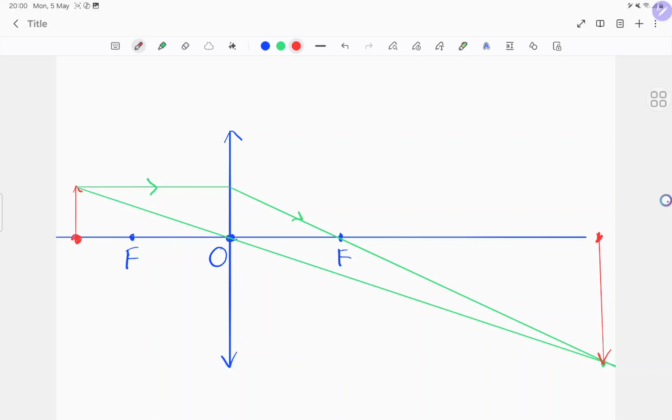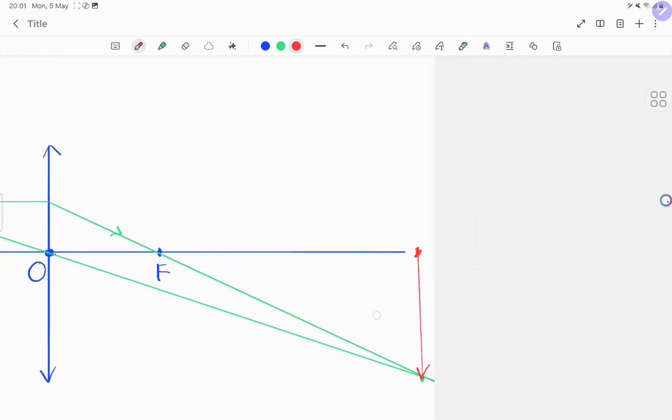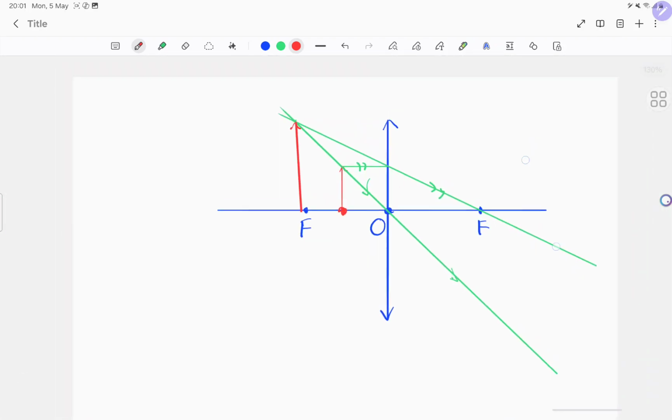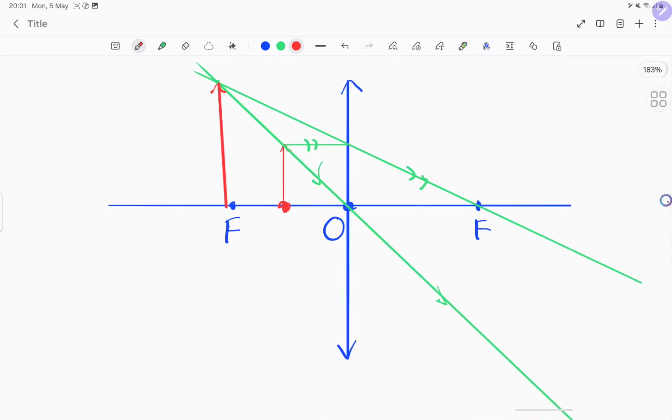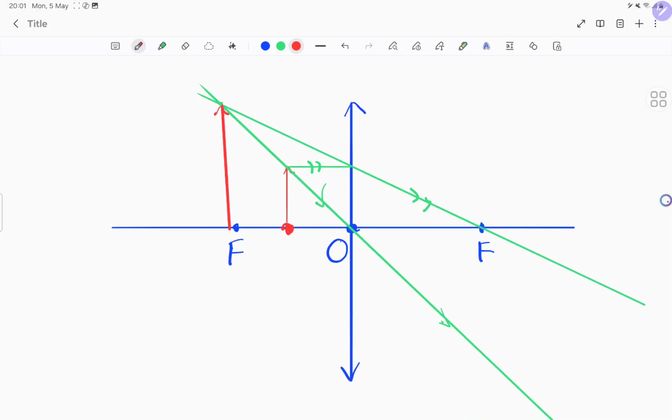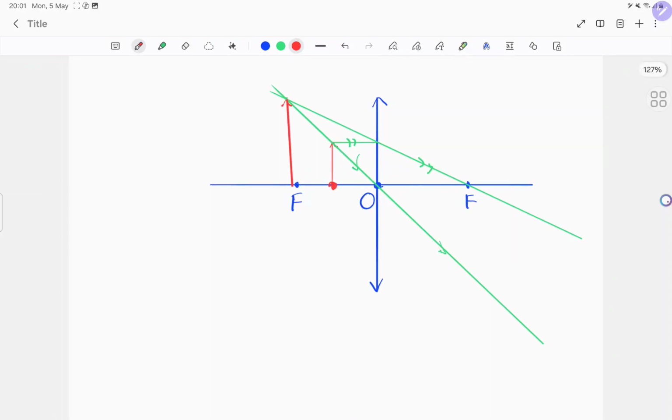If you put a screen right here, then you can see this image projected on it. But if you use a screen behind this, you cannot see the image. So we call this type of image virtual.